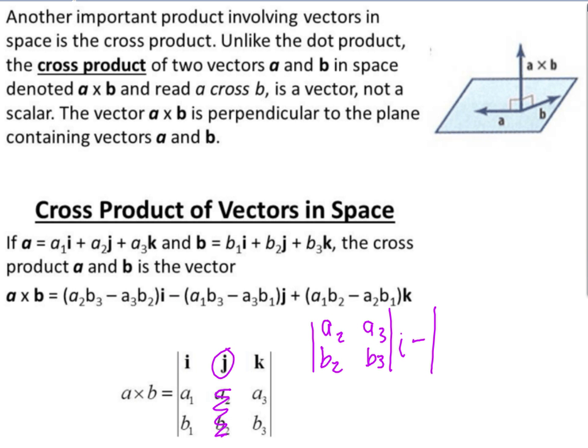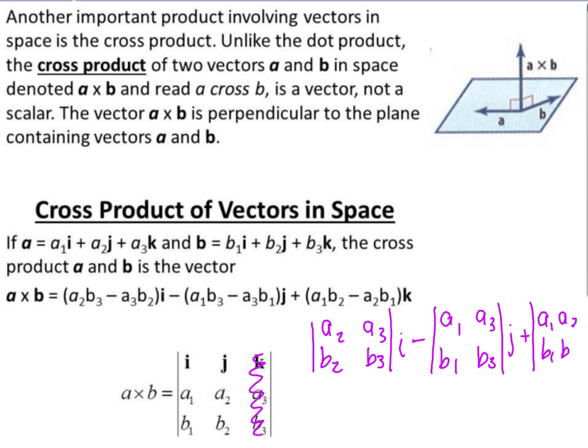So we're going to find the determinant of a sub 1, a sub 3, b sub 1, b sub 3, and we're going to multiply that by vector j, plus, when we use vector k, we will ignore the stuff that's in that column. So we'll do a sub 1, a sub 2, b sub 1, b sub 2 times vector k.